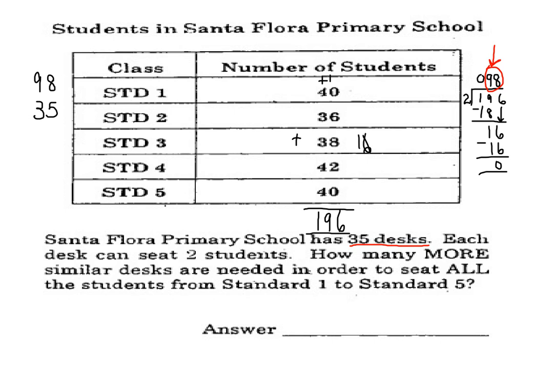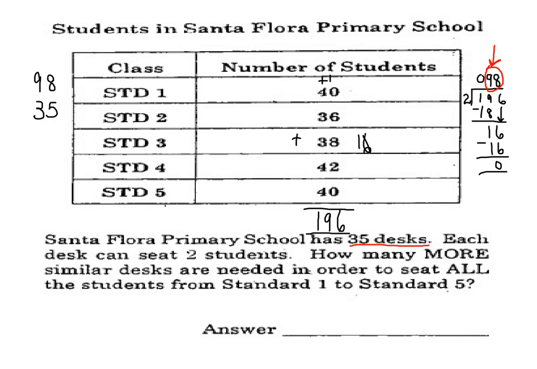Because if you can figure out the difference between 98 and 35, you're going to get your answer. I don't know. What does the difference mean? What operation should we think about? Subtract. Right. So why don't you subtract 98 and 35?